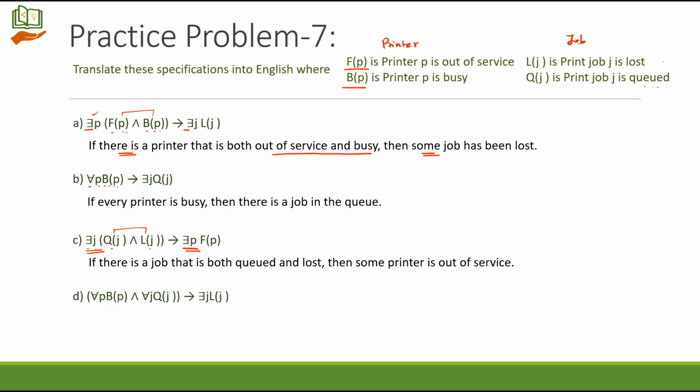Now the fourth one. We have universal quantification in B of P. Every printer is busy and every job is queued. If this is the case, then there is a job that is lost. If every printer is busy and every job is queued, then some job is lost. This is how we will be translating specifications into English.